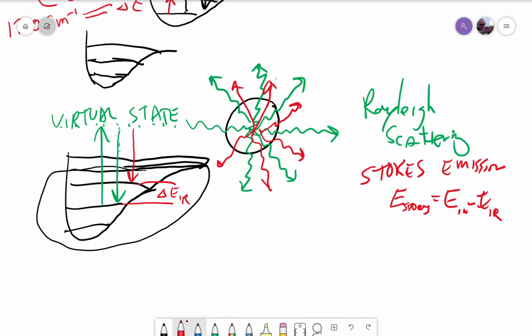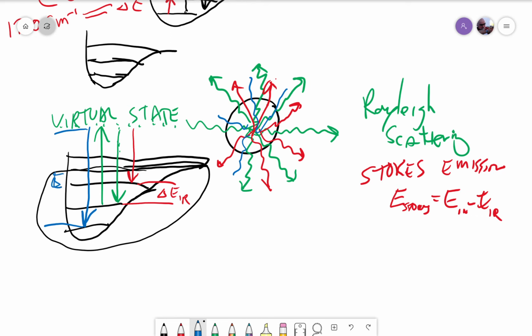It's also possible that if the molecule started out in a higher vibrational state, when it fell down from the virtual state, it could actually fall to a lower lying vibrational state, emitting a photon which is actually higher energy than the incoming photon.